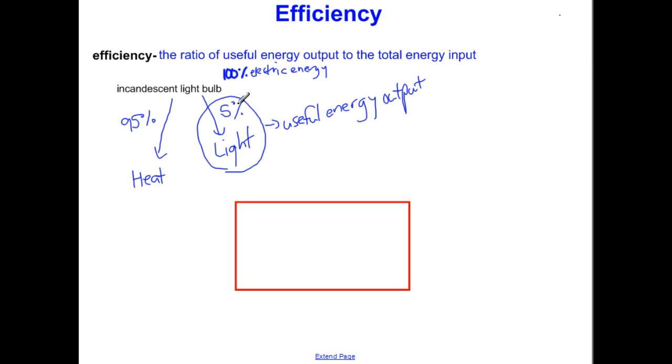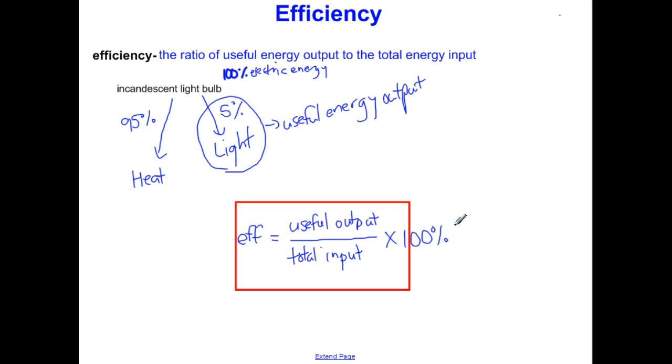And so here's how you calculate the efficiency of something. So you've learned this already, but the efficiency is just lowercase e, lowercase f. And basically, we're just looking at useful output divided by total input and multiplied by 100.